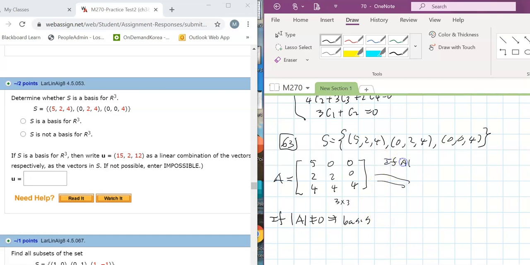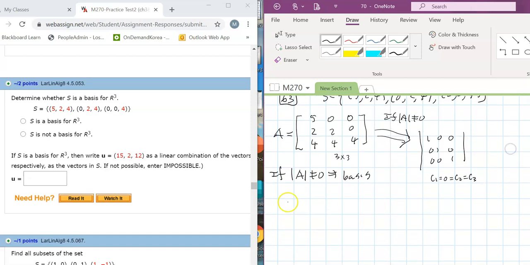If A is not equal to 0, then this will reduce to 100010001. So it will span, that means C1 equals 0, C2, C3, then this set will span all of R3.